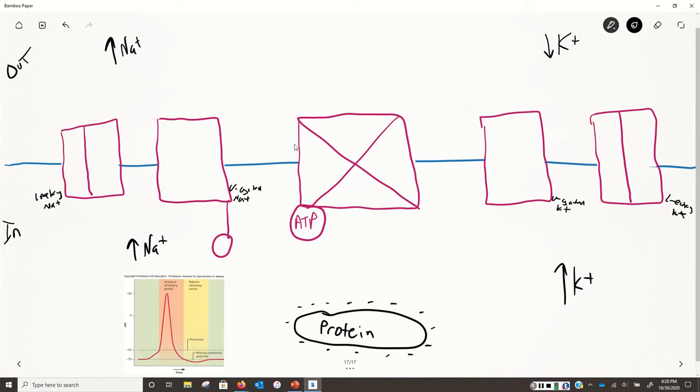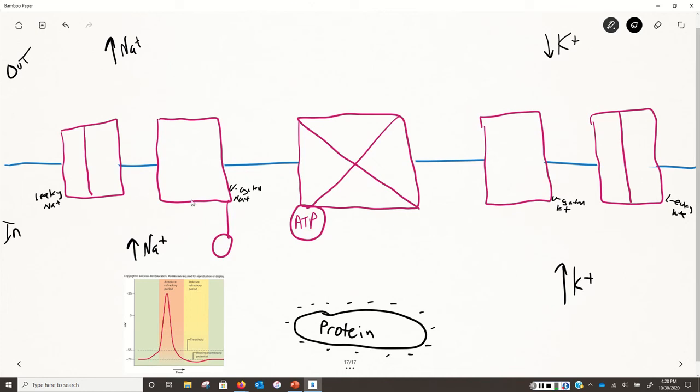Now, real quick, look at the voltage-gated sodium channel and the voltage-gated potassium channel. They look really different. The voltage-gated sodium channel has this weird little wrecking ball looking thing. This is called the inactivation gate. The voltage-gated potassium channel doesn't have that. So the voltage-gated sodium channel, in addition to just opening and closing in response to change in voltage, can also become inactive.